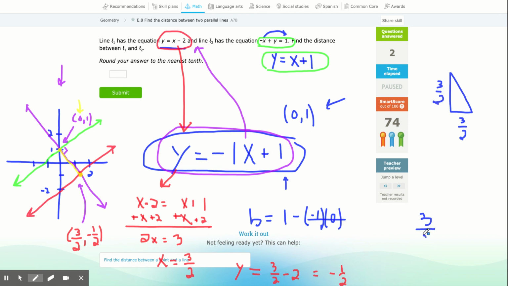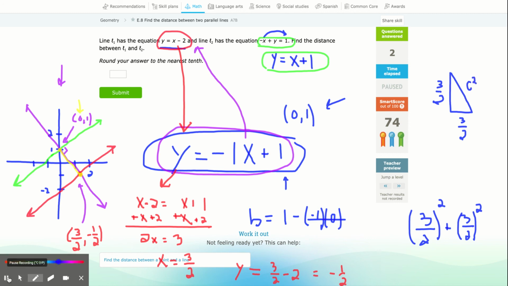So I'm going to do 3/2 squared, add that to 3/2 squared. And then once I add those two numbers together, I'm going to square root it, because remember, that gives me the value of c squared, not the value of c. So what I've done over here is I've taken 3/2 squared, that's 9/4, plus another 9/4 is 18/4. 18/4 equals 9/2.